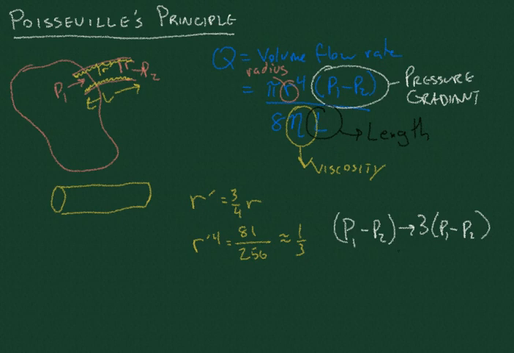In other words, we have to have 3 times the change in pressure from the heart. So it's like working 3 times harder to keep up the same flow rate as we pump blood through the heart. So you can see that just because of this term to the fourth here, a very small change in the radius, just a little bit of clogging, can actually cause the heart to have to work much, much harder.